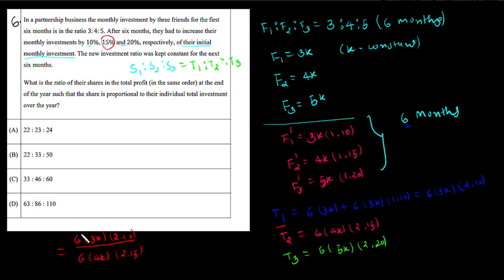So now we can easily cancel out this 6 and this k also. So now we can easily find the ratio, which is 3 multiplied with 2.10, and we divide this numerator by 4 multiplied with 2.50. So now if we find the ratio for this term, we are getting 0.7325.